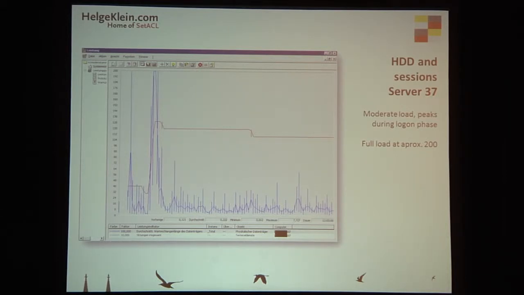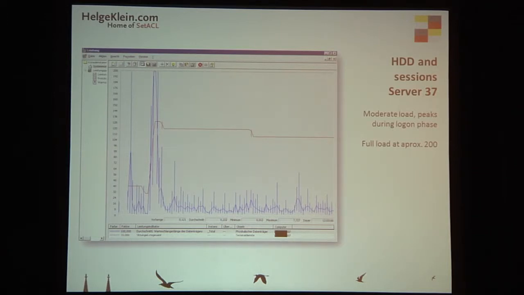And you remember, for a single spindle, that would be roughly full load. In this case, the system has two spindles, two physical disks, configured as a RAID 1. So only one disk is really active. The other one is just backing it up, more or less. So the top of the graph would be full load in this case.